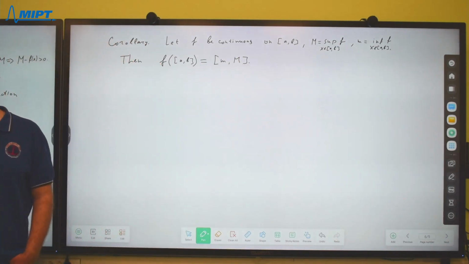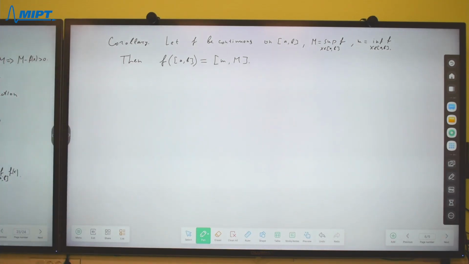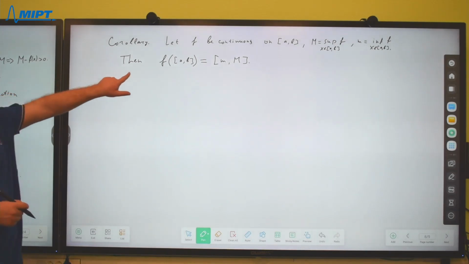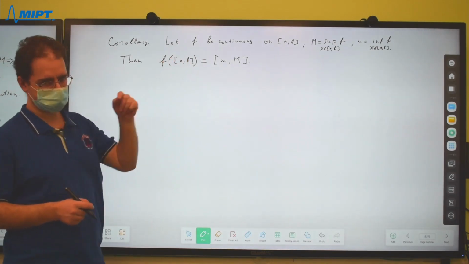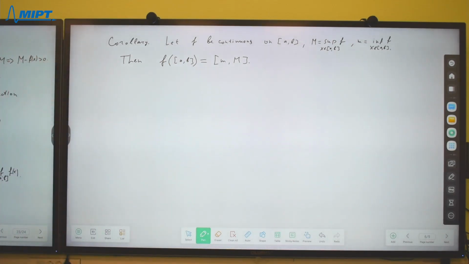I think I didn't use this notation before, or maybe I did. So if I take f of a set, I mean to construct a union of all the values that my function assumes at any point of this set.